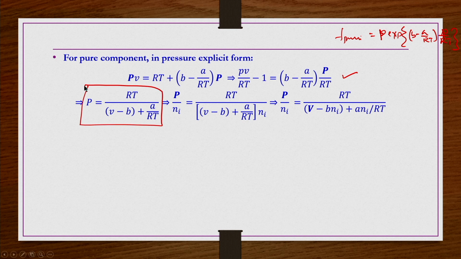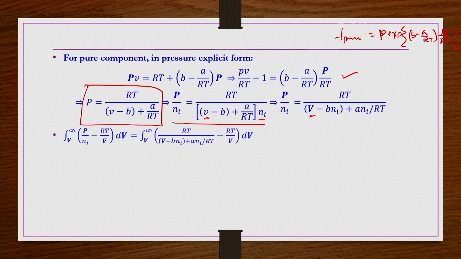I have written it like a pressure explicit form like this, and then I am dividing both sides by Ni, because I need the integral of P by Ni dV information to substitute in the generalized fugacity expression. Now here, small v multiplied by Ni is nothing but capital V, that is the total volume, and then minus B Ni plus A Ni by RT, this is what we are getting.